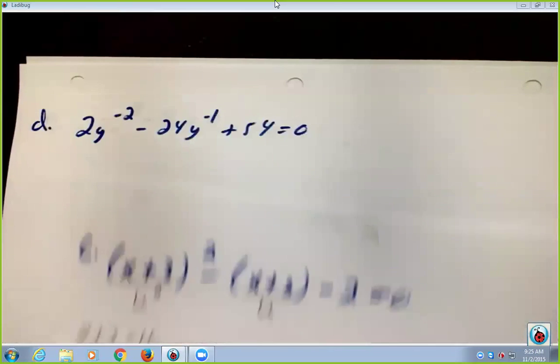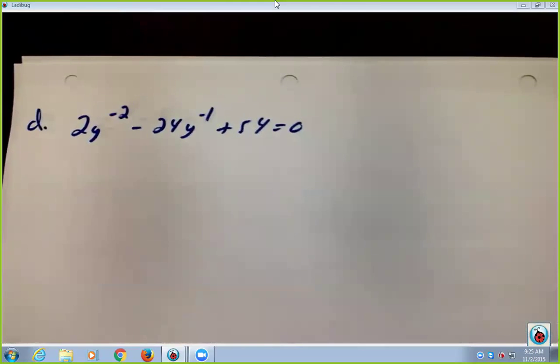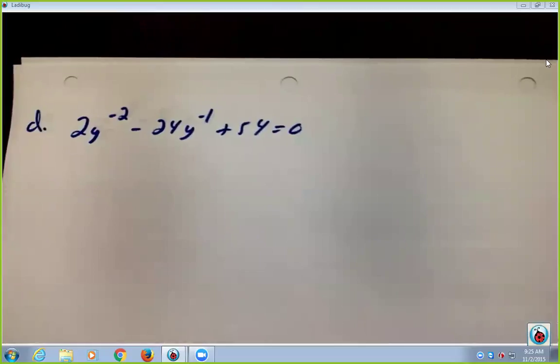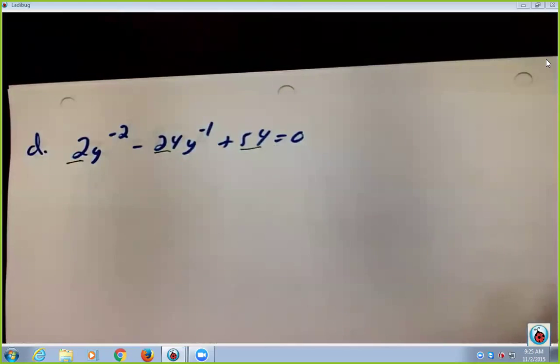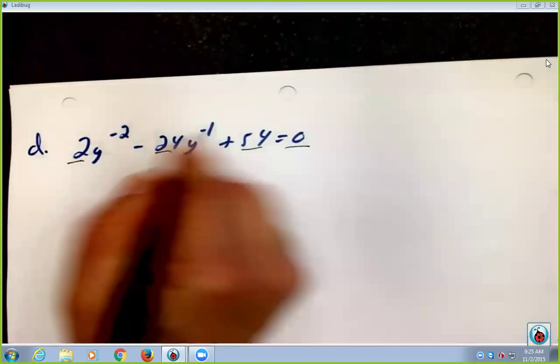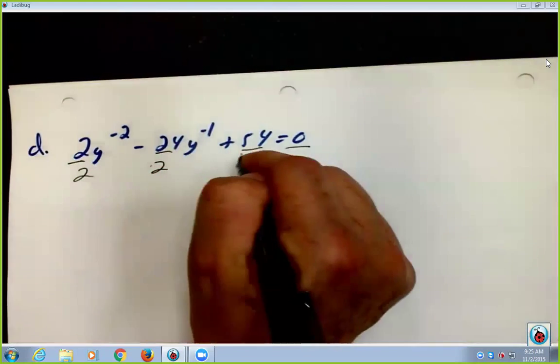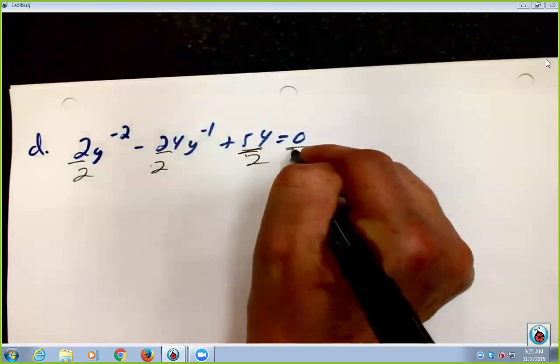Hopefully. Okay. And this one, if you've got a number in front, this number that's out in front needs to be removed. So that means I need to divide everybody by 2.